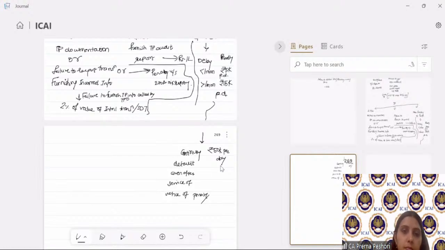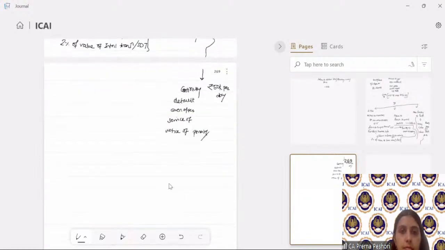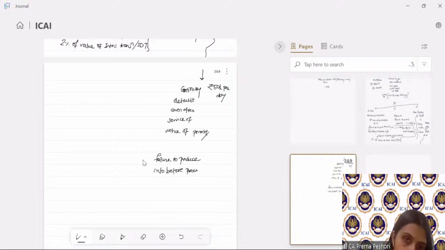So if you fail to produce the information before the prescribed authority, then 5,000, and again continuing default is 50,000.